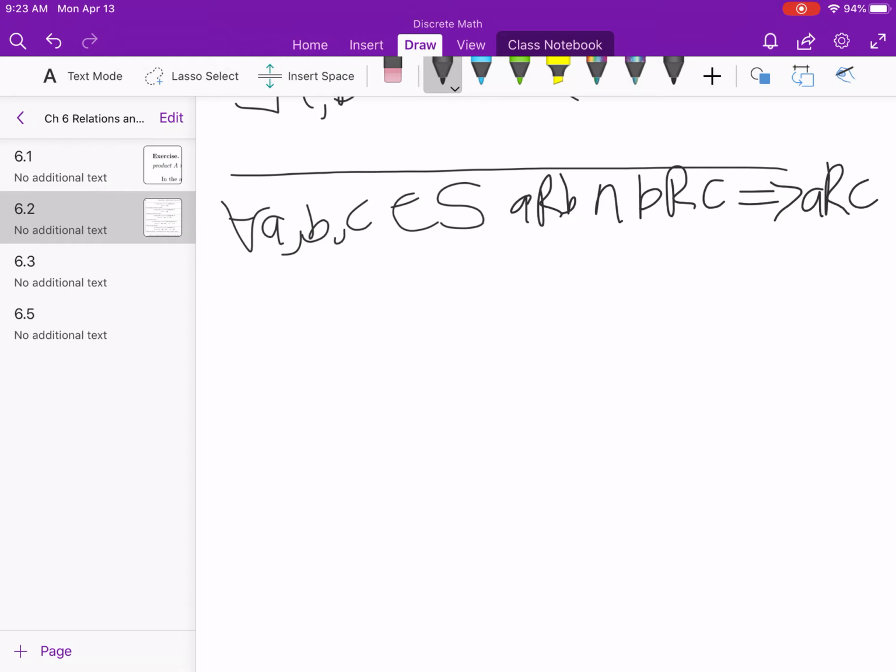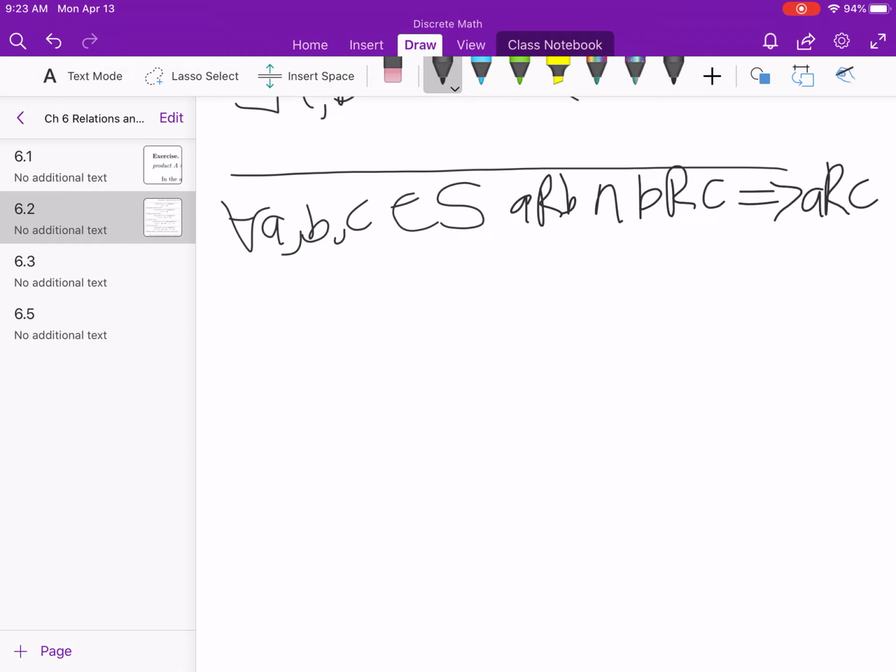Many things we look at or take for granted have the transitive property, so if one thing is equal to another, and then that thing is equal to something else, we will say that they're equal to each other. But we can't take that for granted always. Sometimes maybe that doesn't exist.